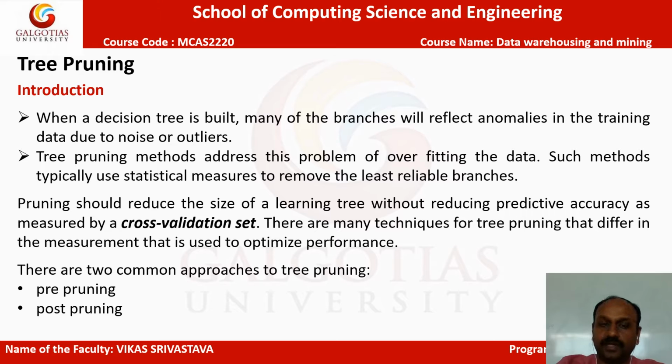So for that we are applying the pruning concept with the cross validation errors. There are many techniques by which tree pruning is applied to optimize your performance. The common approaches are pre-pruning and post-pruning.